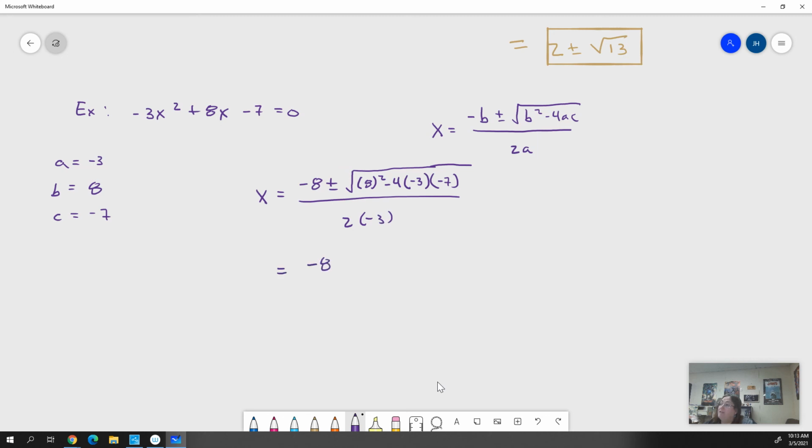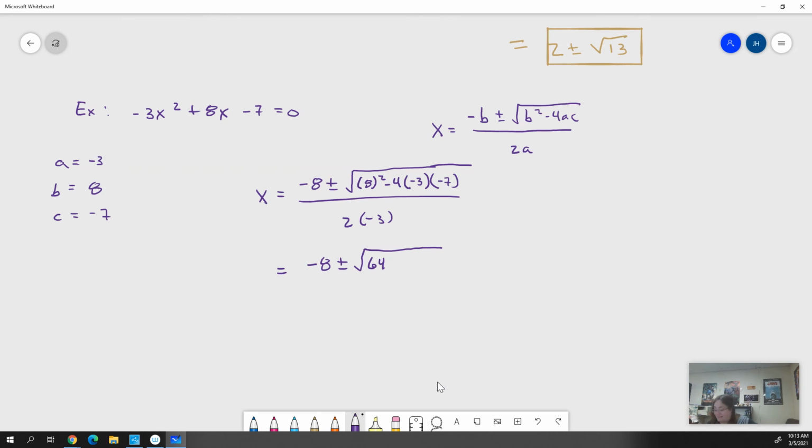Minus b right now, we just leave alone, 8, plus or minus. 8 squared is 64. Negative 4 times negative 3 is negative 12. And if we multiply that times negative 7, I'm sorry, negative 4 times negative 3 is positive 12.